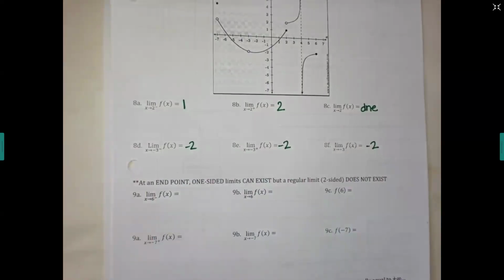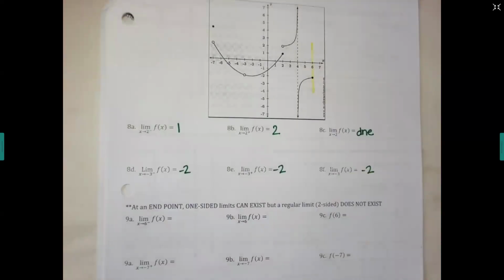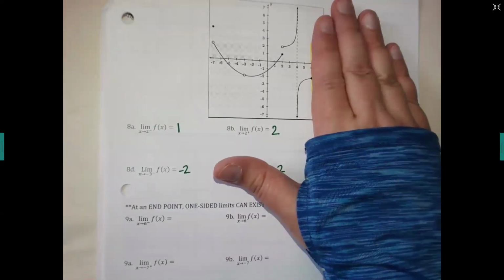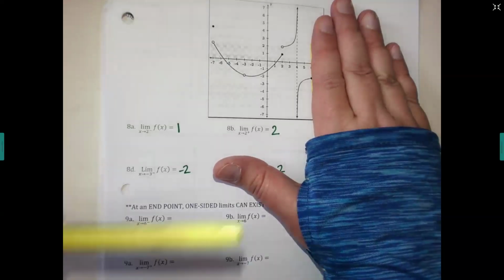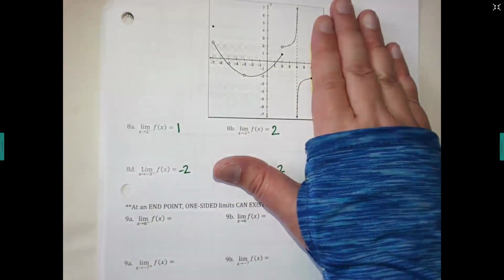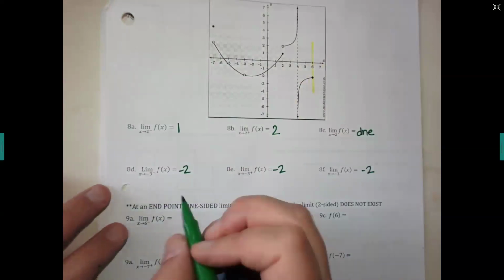So I would cover up my graph, everything past 6. And if I'm covering up everything past 6, I don't even know that's the endpoint, right? What does it look like it's approaching as I get closer to 6 if I only use this half of the graph? -2. Okay, then here's the problem though.